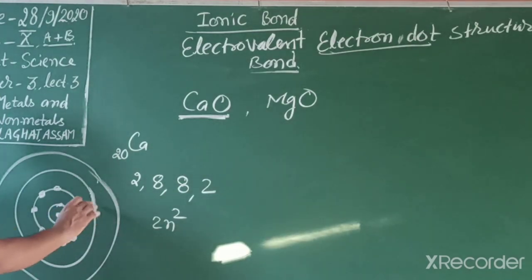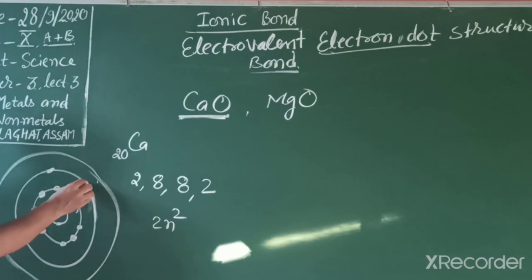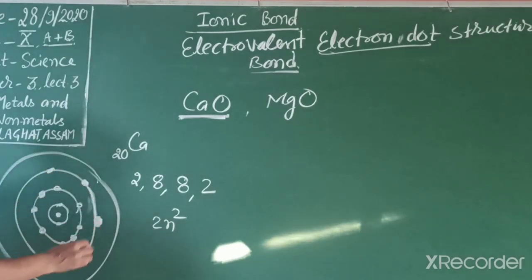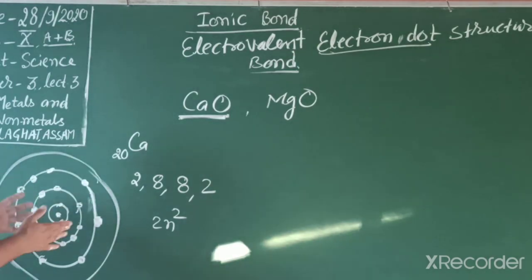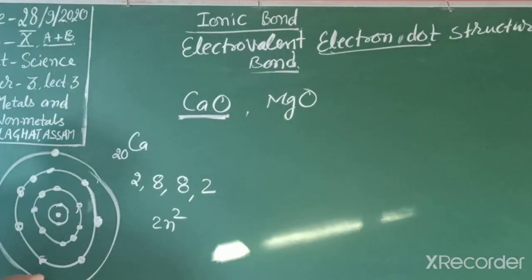If you fill 18, then this is the last shell, and the last shell cannot accommodate more than 8 electrons, so it only takes 8: 1, 2, 3, 4, 5, 6, 7, 8. Although it can accommodate 18, if you fill more then it has only 10 electrons. So at that time this is the last shell, so we fill 2 electrons more. You will understand this reason in 11th class.